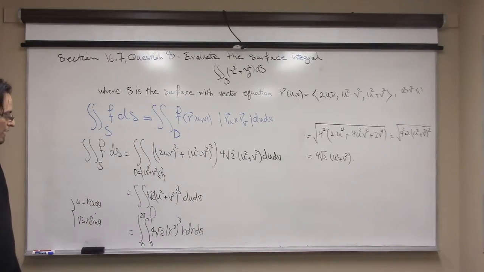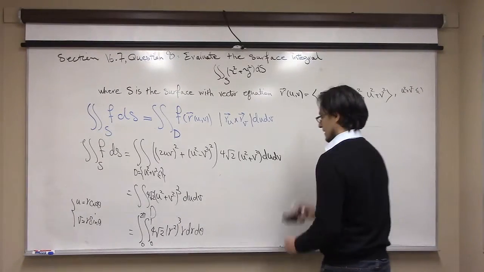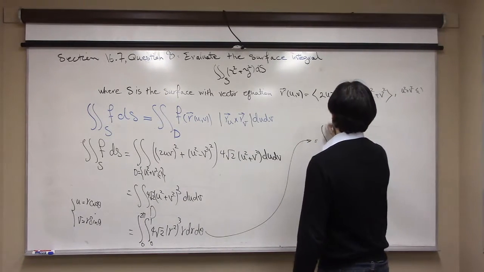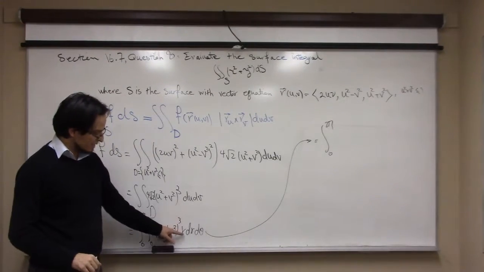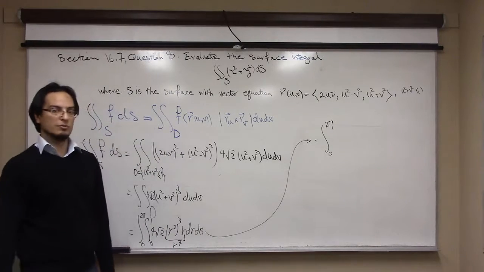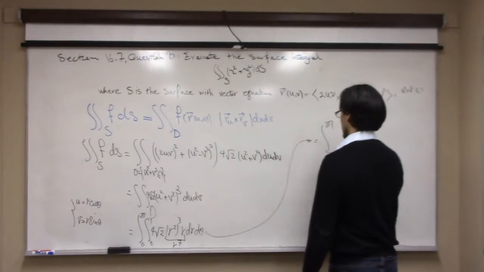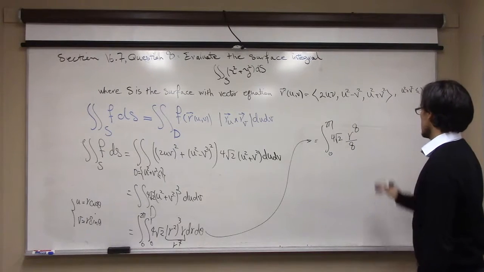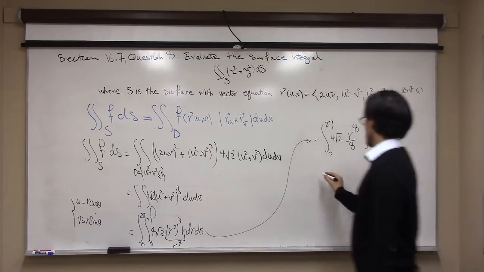Okay, now I have a double integral, an iterated integral, and I can do the inner one first. So the inner one, I have r to the power 6 times r, all the powers give me r to the power 7, and its antiderivative is r to the power 8 over 8. The coefficient is 4 root 2, and then going from 0 to 1, d theta.